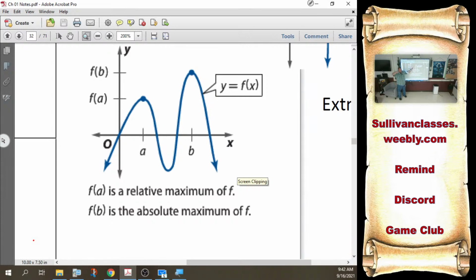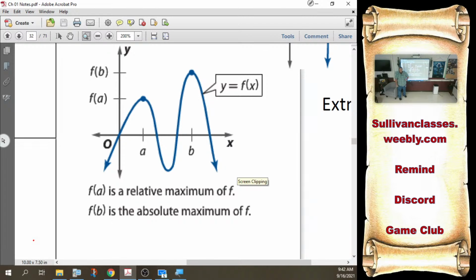It is a point at which I transition from increase to decrease, but it isn't the maximum for the entire function. This is the maximum for the entire function. No y value for the rest of the function from negative infinity to positive infinity along its entire domain will ever get bigger than this. Difference between relative and absolute.